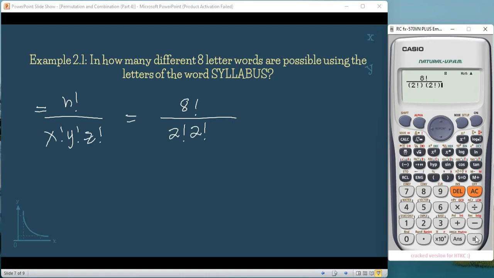And that will give us 10,080. So meaning to say, my dear students, yung 8-letter words na pwede nating mabuo sa word na syllabus, unnecessary po kung meron pong meaning or wala, basta daw po word na merong 8 letters, that is 10,080.